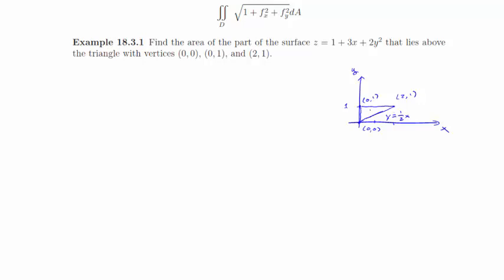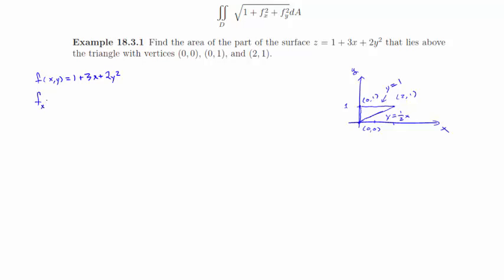So if we do the y direction first, my lower bound is going to be y equals 1/2 x, and my upper bound is going to be y equals 1, and then in the x direction we'll go from 0 to 2. So we then need f sub x, where, let's go ahead and define here, f of x comma y equals 1 plus 3x plus 2y squared.